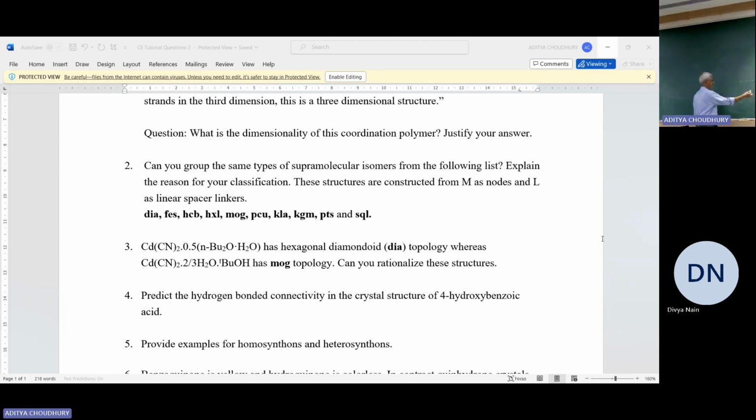I'm saying that it has a square planar node and a tetrahedral node, and I have also given the ratio. Now you can write the formula based on that. That's what is happening in the structure. With a 1:2 ratio of square planar, there should be 3 cadmium.